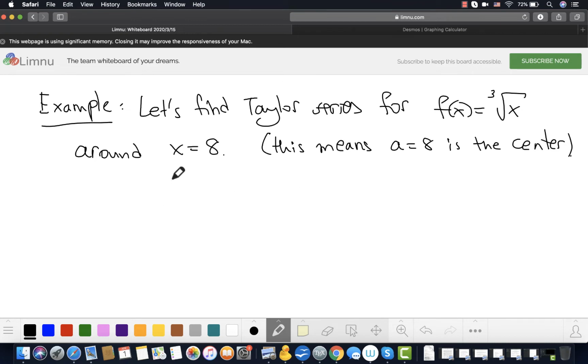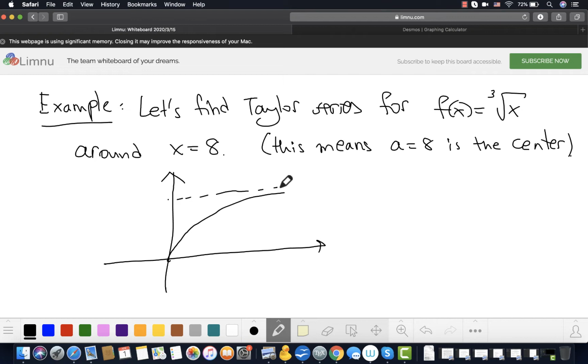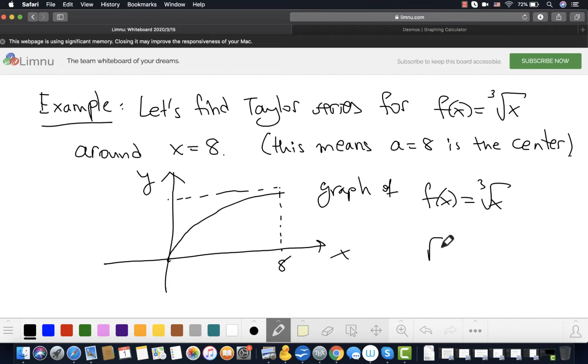So basically we have the graph of this function. It looks like this. And at the point x equals 8, this is x and this is y. If this is the graph of f of x equals cube root of x, well, when x is 8, cube root of 8 is just 2.